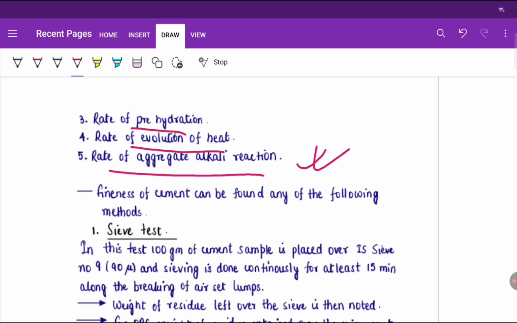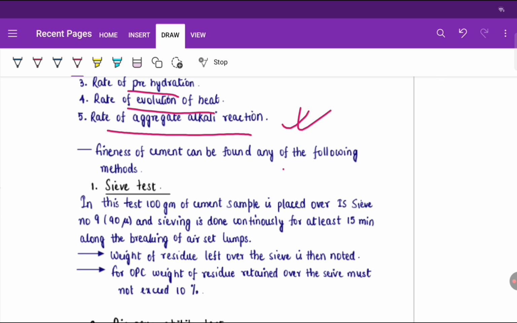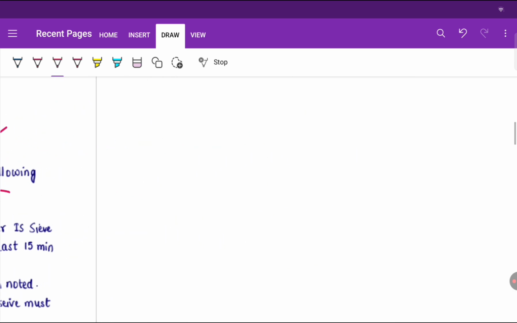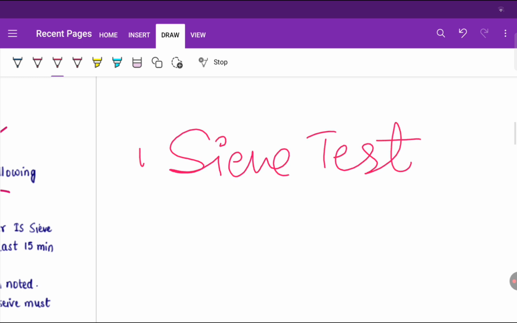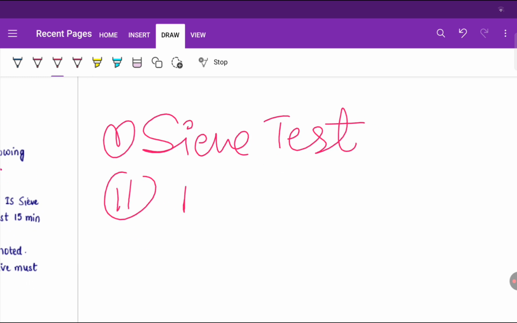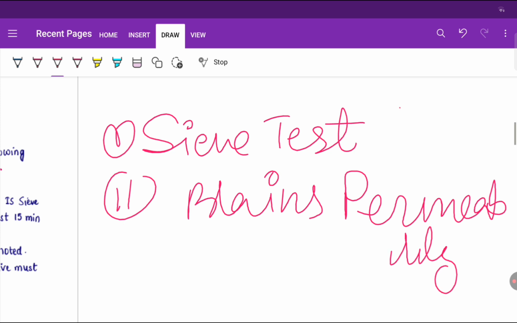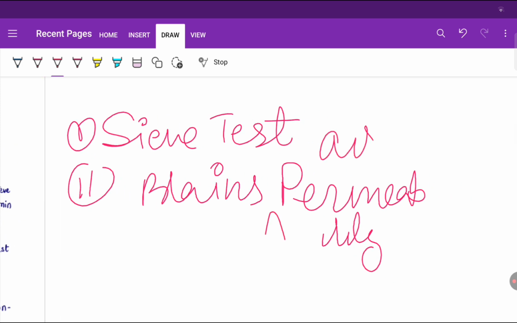So fineness of cement can be determined by any of the following methods. There are three methods to determine fineness of cement. Number one, sieve test. Number two, Blaine's air permeability test.